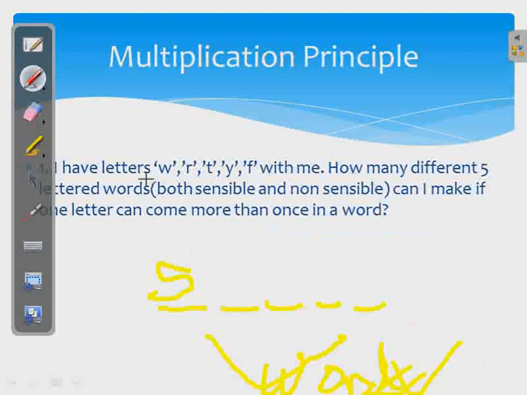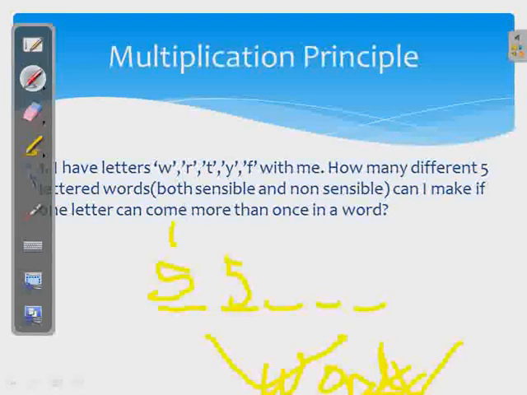And if one letter can come more than once, like we can repeat W again, then for the second gap too, if we have used W here, we can write W here again. So we again have 5 different ways to fill the second gap, and again we can repeat those.